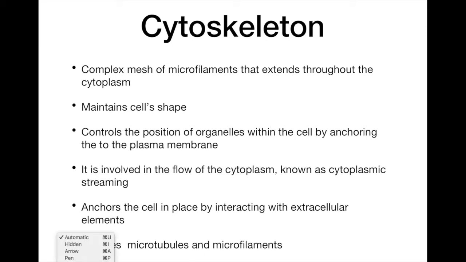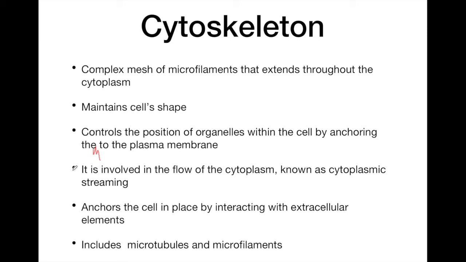Anchoring them to the plasma membrane. It is involved in the flow of the cytoplasm, known as cytoplasmic streaming. And it anchors the cell in place by interacting with extracellular components.